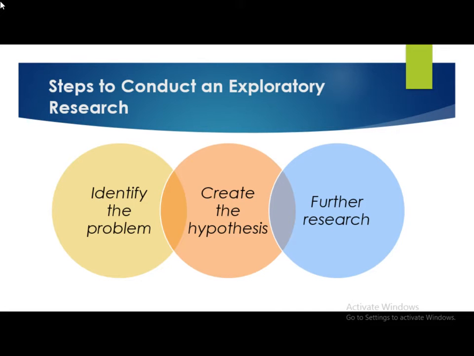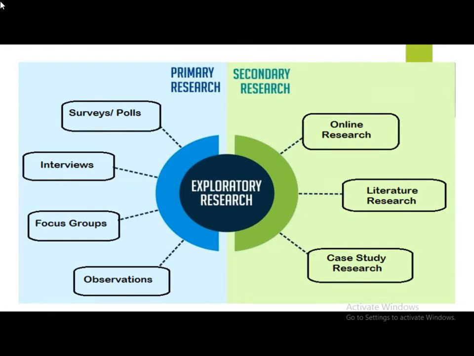The exploratory research approach can be divided into two parts. First is the primary research approach and second is the secondary research approach. In the figure, on the right-hand side you can see the secondary research approaches. These include online research, literature research and case study research.